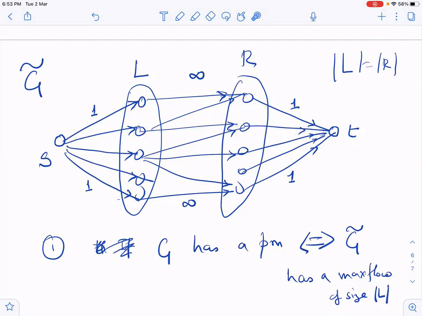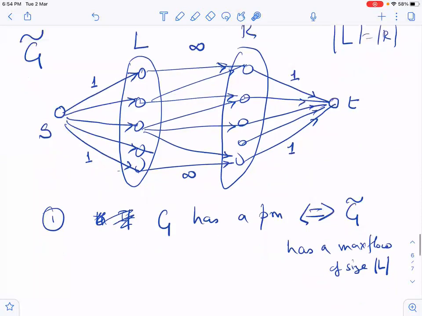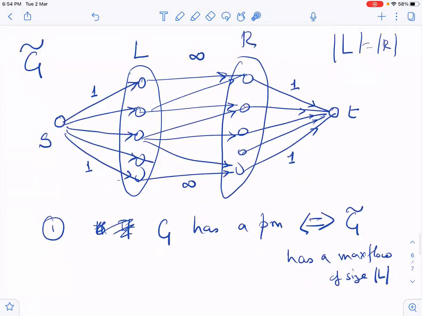And those paths have to be disjoint, because could one path go like this and the other path go like this? No, because these are all unit capacity edges, so the paths have to be edge disjoint. So one direction will follow from Menger's theorem.